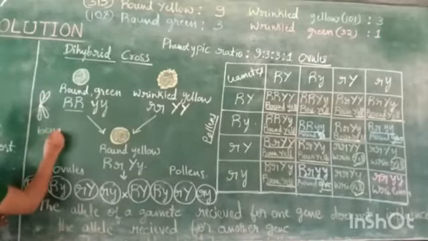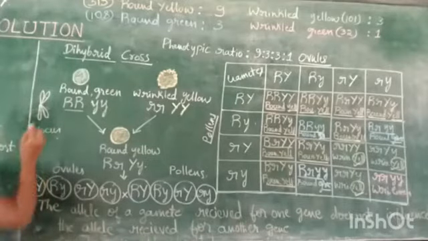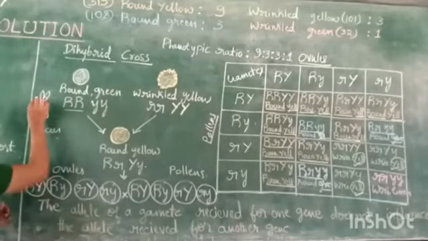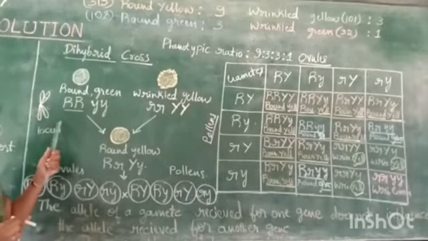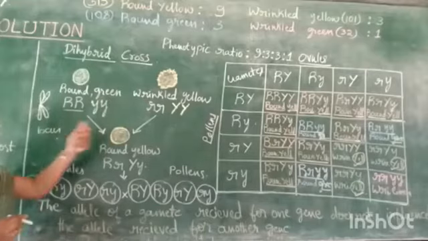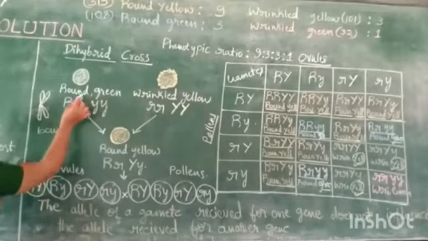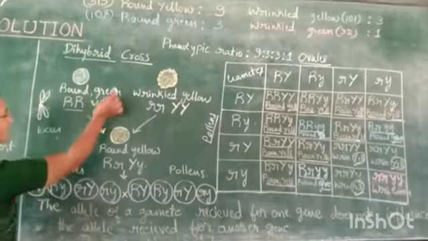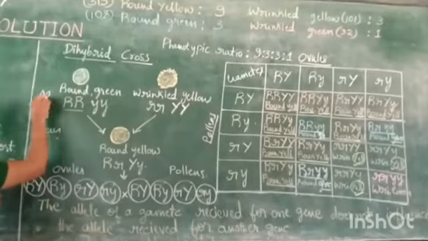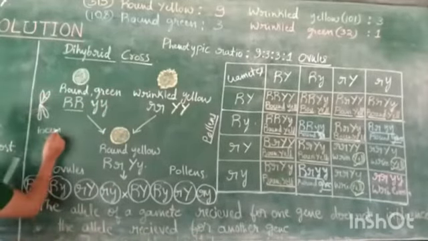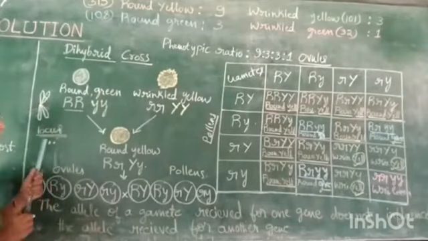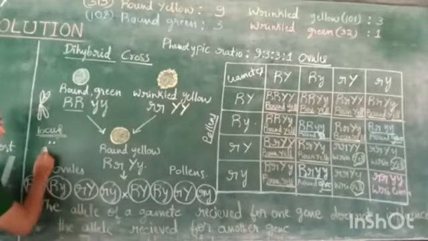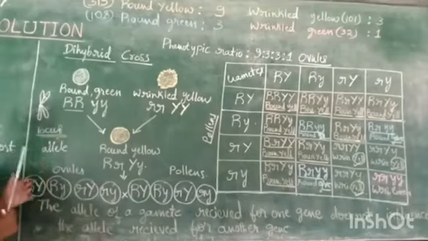Locus means a position, and that position will contain one character. Many characters are there in this chromosome of the garden pea plant, but here we consider two characters. The first character having the round shape and green color will be present at one place. This is called locus. This locus consists of two genes. A pair of genes is called an allele. This allele consists of two factors.